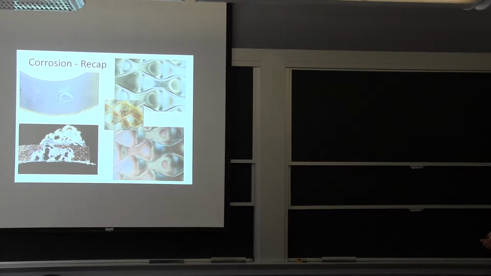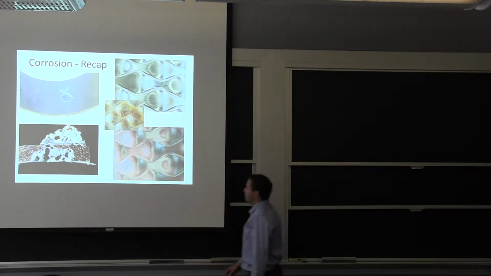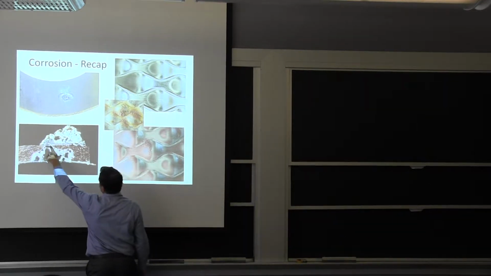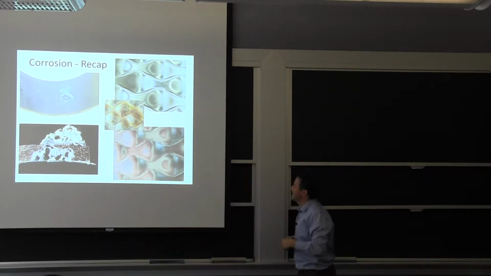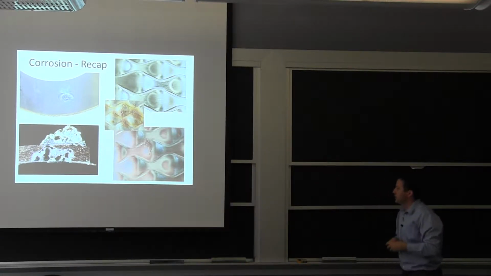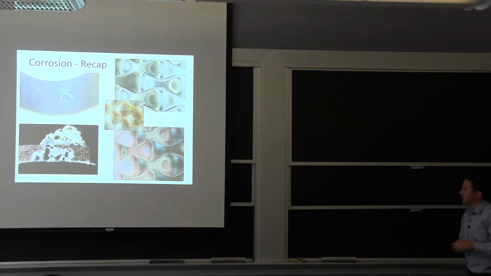And that created a cell to completely consume the copper locally all the way through the wall. And then you had a little leak, and the leak sealed itself because of all the minerals left by essentially vaporization of the water coming out of the hole.